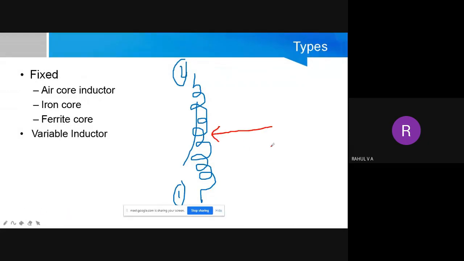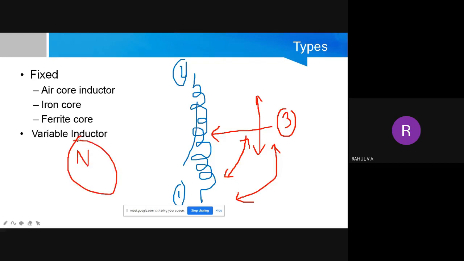So if I measure inductance between these two terminals, 1 and 3, the value of inductance depends on the number of turns between 1 and 3. I can move this third terminal up and down. As it goes away, the number of turns between 1 and 3 will increase, and the number of turns between 3 and 2 will reduce. So I can vary the inductance value by varying the number of turns.